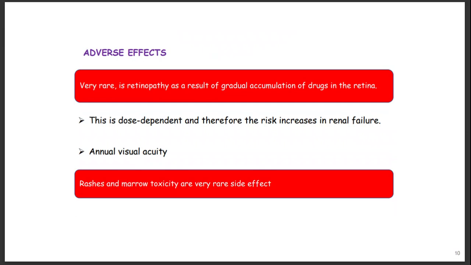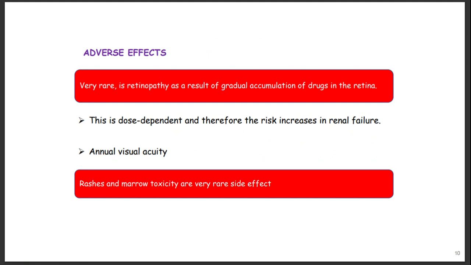Adverse effects are very rare with this one, but there is a retinopathy, which is rare, because of gradual accumulation of drug in the retina. This is dose dependent, and the risk increases in renal failure, because remember these drugs are excreted from the kidney. If someone's kidney is failing, excretion is very difficult, and so the drug will end up accumulating.